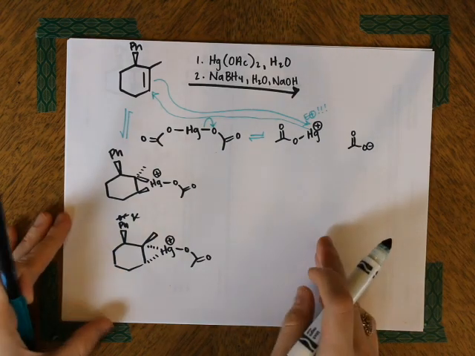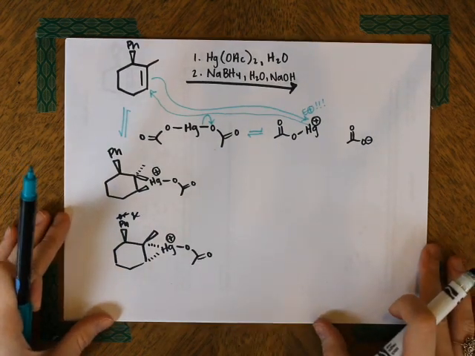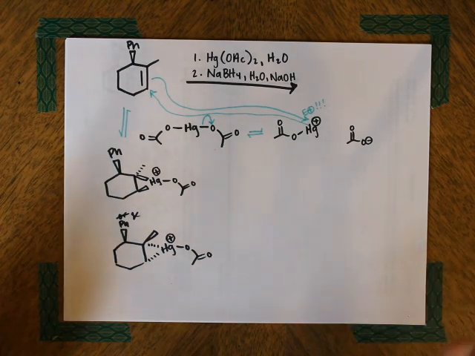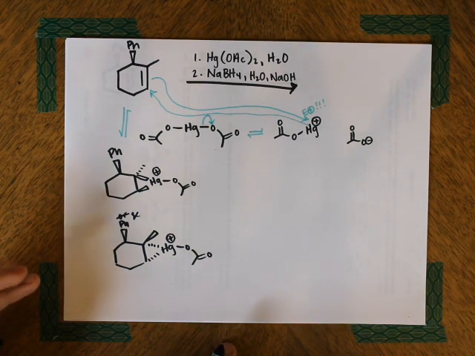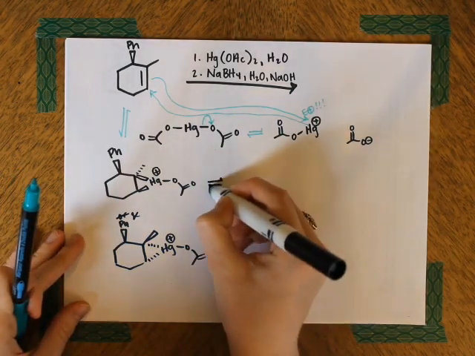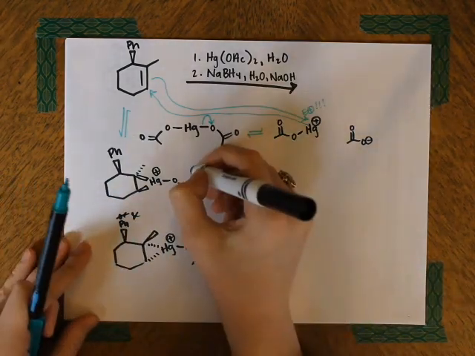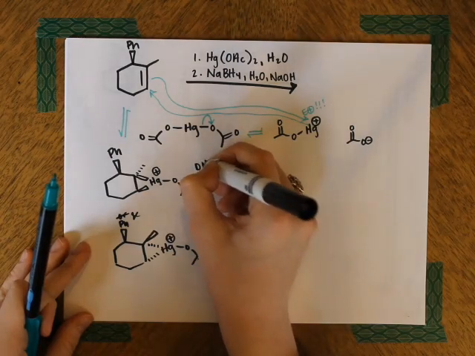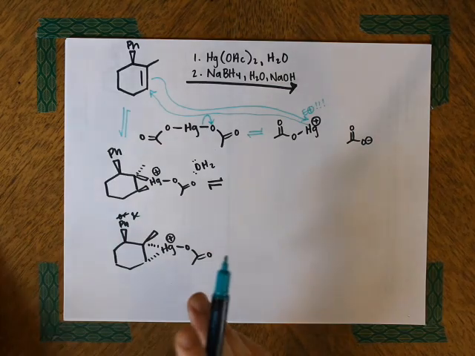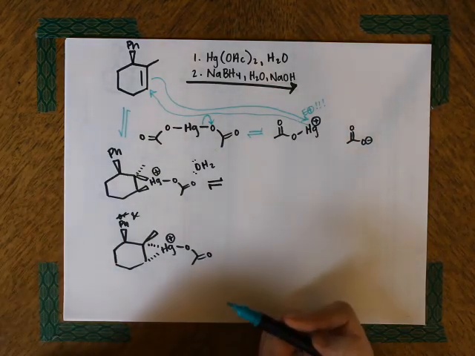Now this is where water comes in. So remember we talked about this, how this one is going to be Markovnikov addition. I'm just going to show one of them as my representative. So Markovnikov addition means that it's adding to the more substituted side.